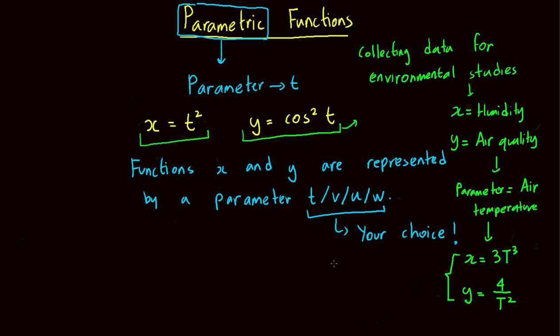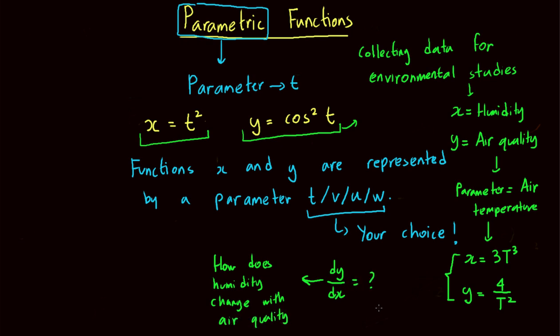For example, you want to find the derivative of humidity with respect to air quality. How does humidity change with air quality? That's the meaning of a derivative, right? So we want to find that out. How do we find dy dx actually?